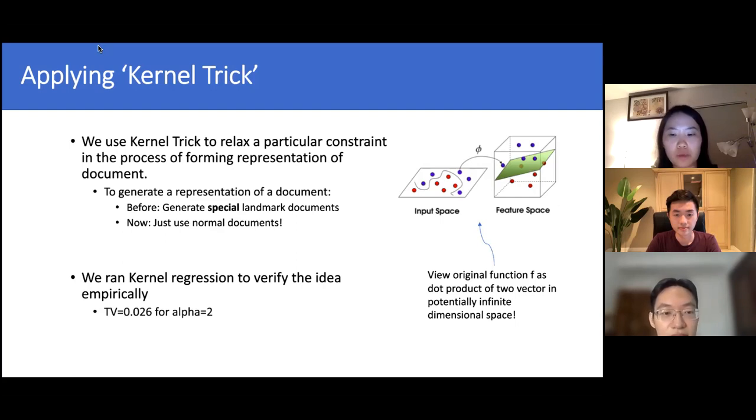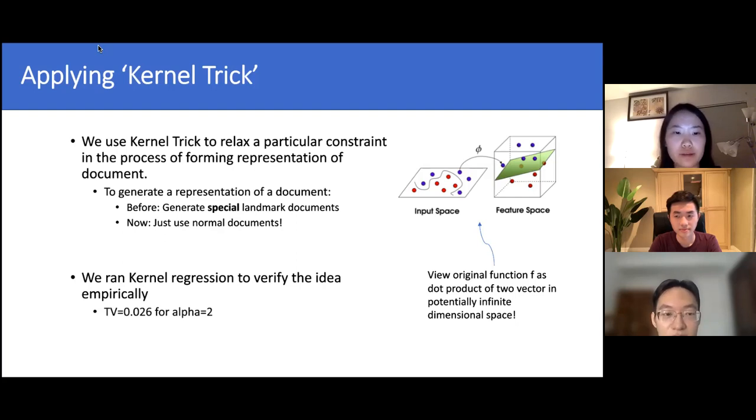Once we can use a kernel as our representation, a kind of self-representation that only uses the documents themselves and not the landmarks, it relaxes the constraint of needing landmark documents, which have special requirements typically.